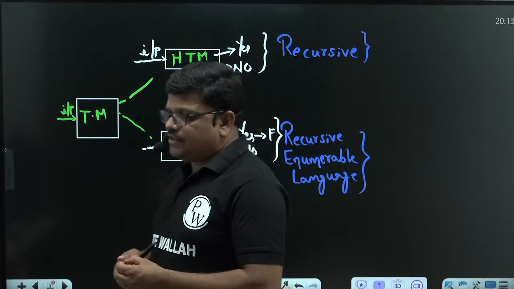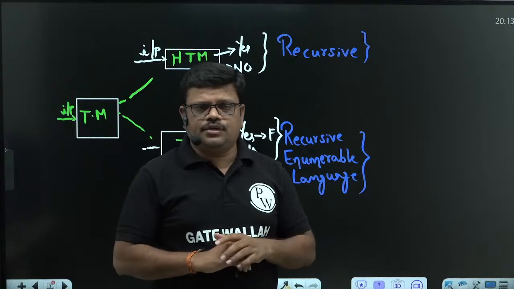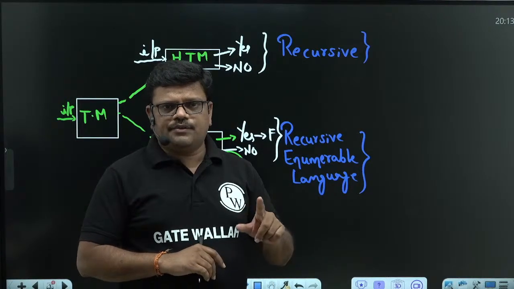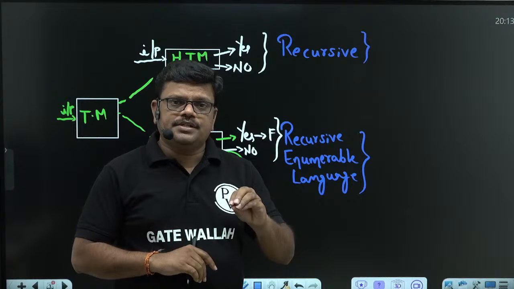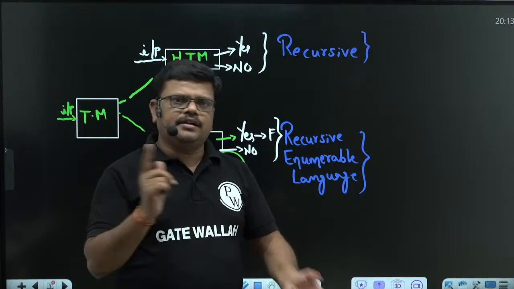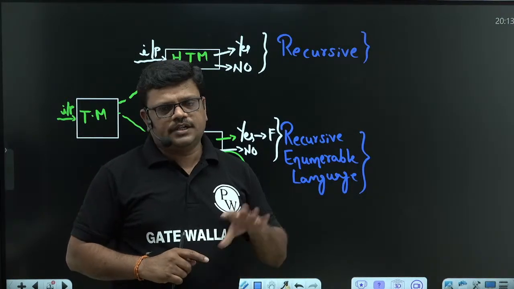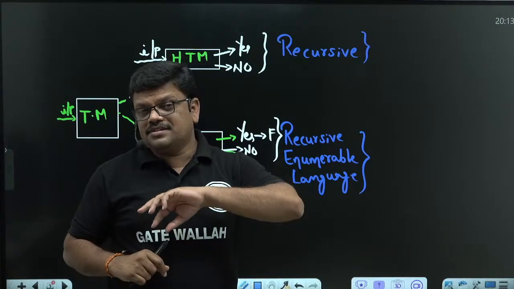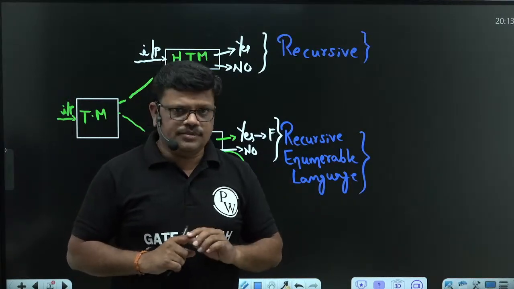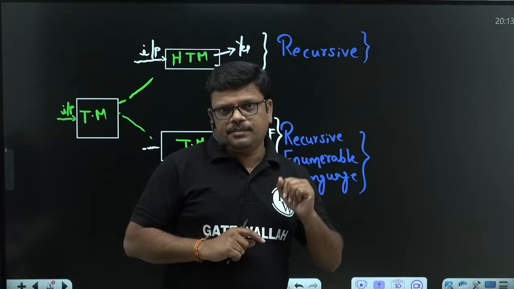Recursive enumerable language means for any language, if you construct a Turing machine, then that Turing machine halts for valid strings of the language. Whenever a string not belonging to the language comes, the Turing machine will show two different behaviors.